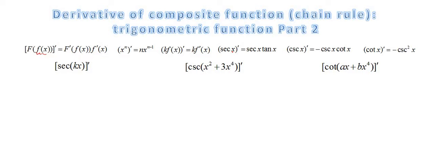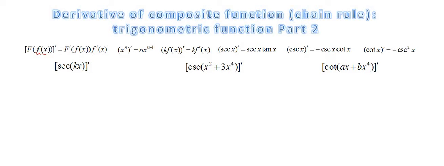And the derivative of secant x equals secant x times tangent x. The derivative of cosecant x equals negative cosecant x times cotangent x. The derivative of cotangent x equals negative cosecant x squared.